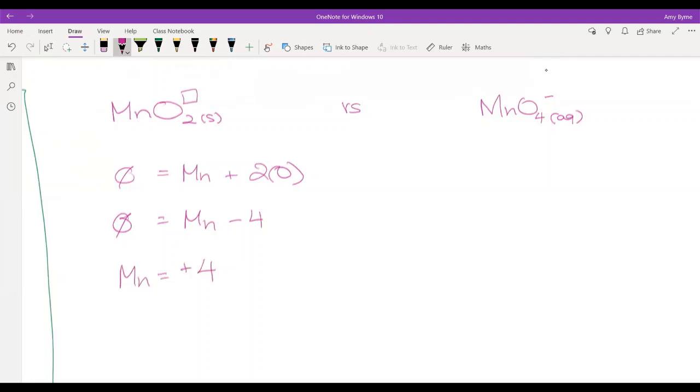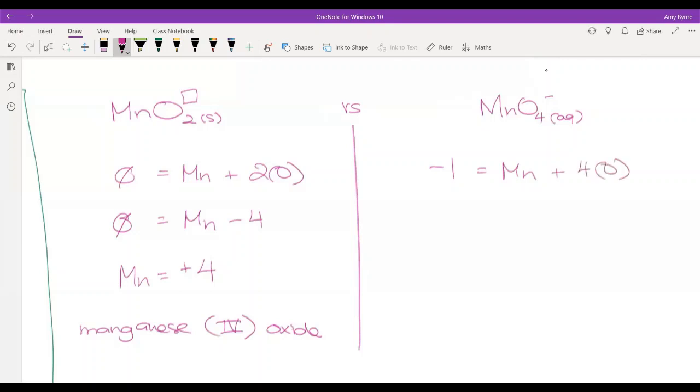How do I change that to manganese's oxidation number? So this is manganese IV oxide, versus, let's look at this guy. The overall charge is -1, which equals manganese plus 4 times oxygen.